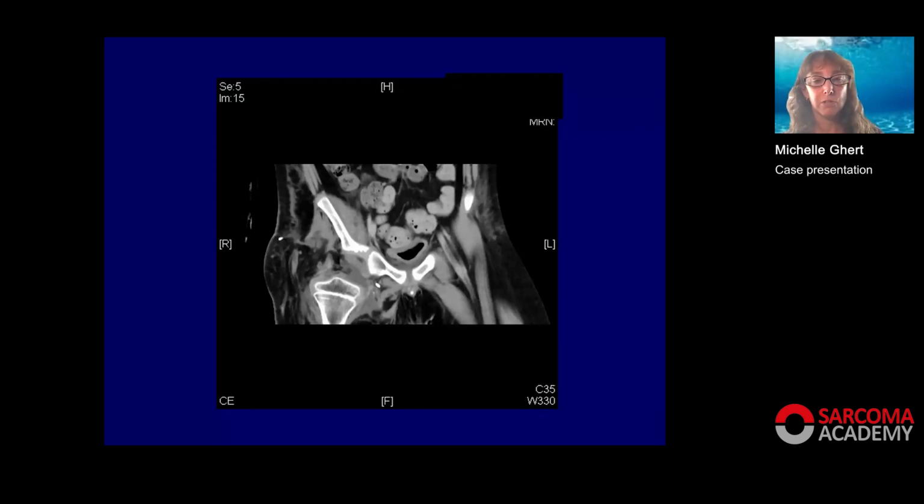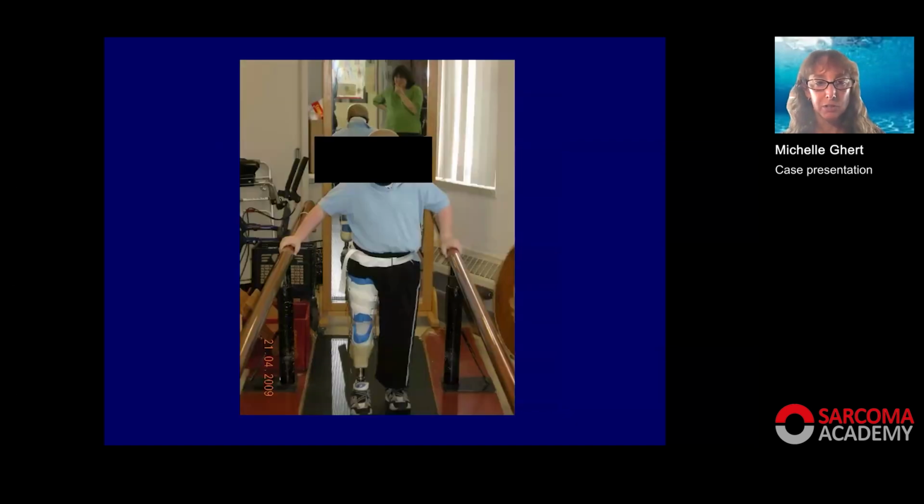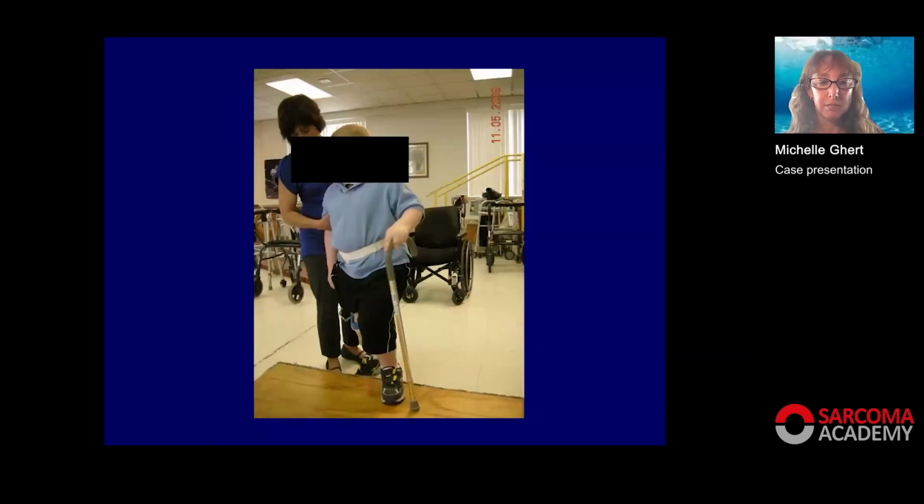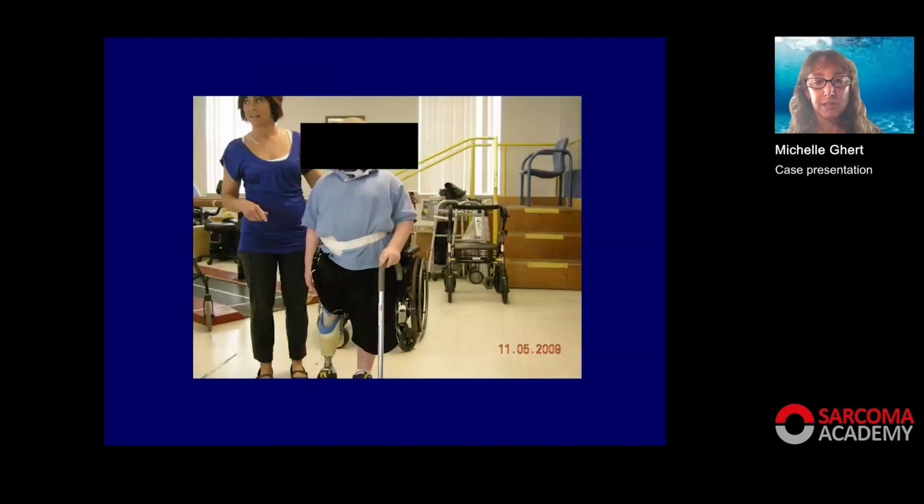With the soft tissue reattachments, you need to really get that scarred in and then allow the patient to weight bear. This is him in initial rehab with this prosthesis. And then he progressed to a cane and then did not require any aids. So you can see from the date stamp, it's 2009.